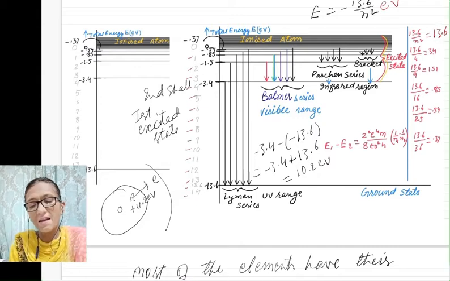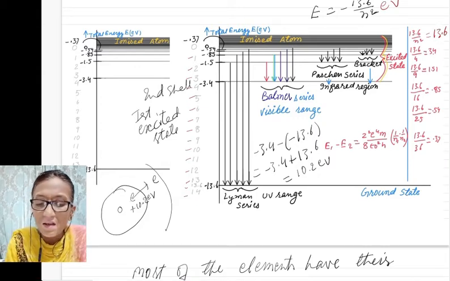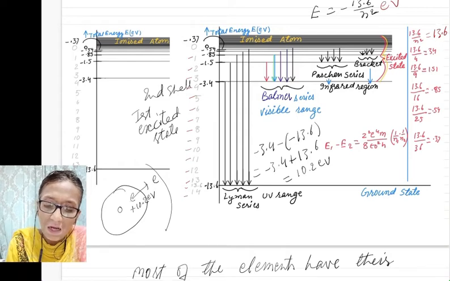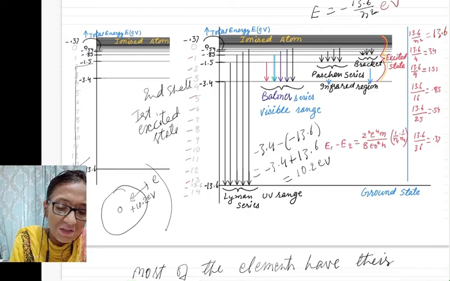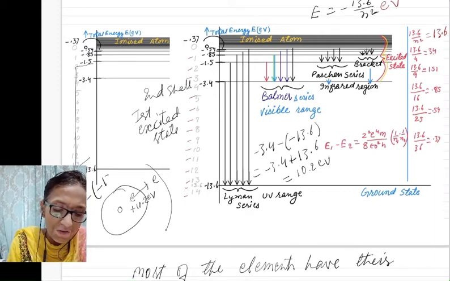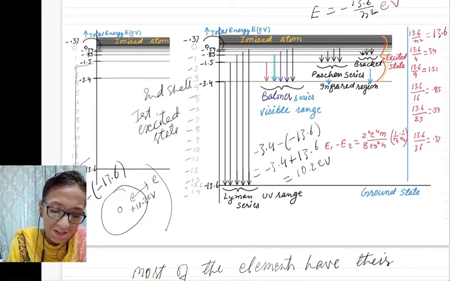Now similarly, if you give energy equal to, let me find the difference of these two, minus 1.5 minus of minus 13.6, then you have energy difference 12.1 electron volt.